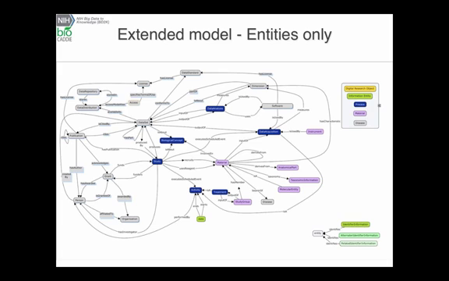But as you see, these are in reality more specific to different domains, such as also, for example, the indication of a data set relevant to a disease. So that's why they are part of the extended model.